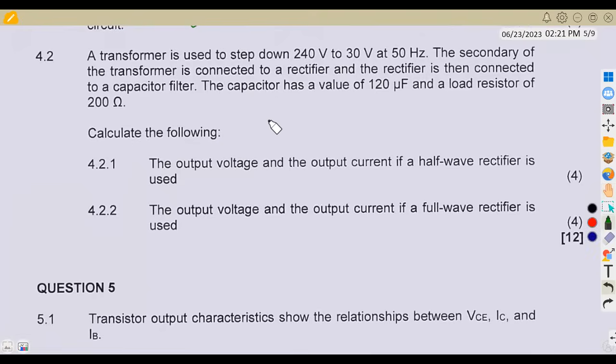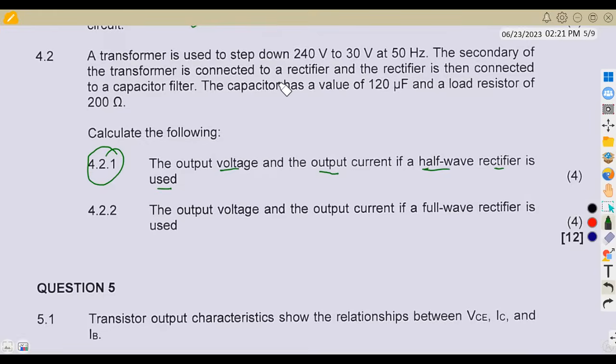So this is on a half-wave rectifier. 4.2.1, you're asked to calculate the following: the output voltage and the output current if the half-wave rectifier is used. All right, that is the first part of a half-wave. What is going to be the output voltage, output current?